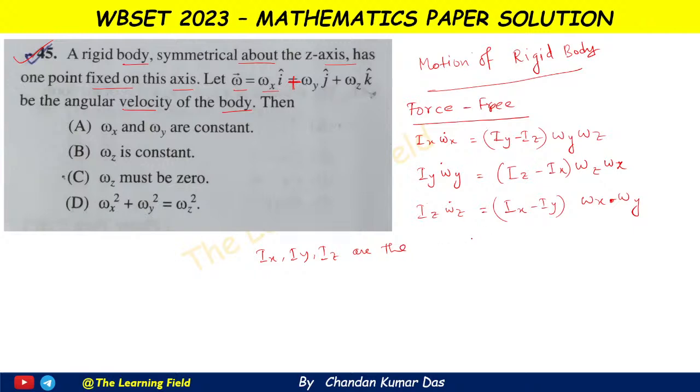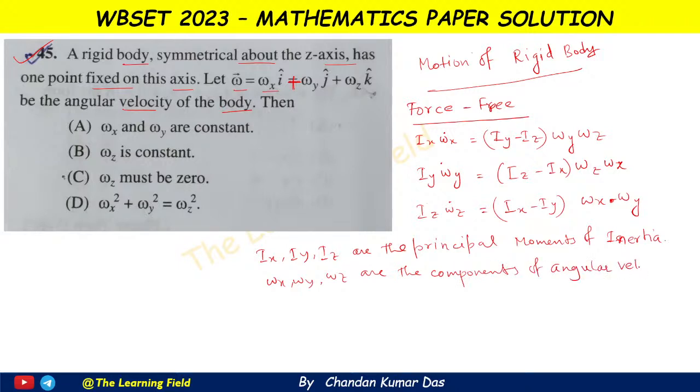Here Ix, Iy and Iz are the principal moments of inertia, and omega x, omega y and omega z are the components of angular velocity along the principal axis.